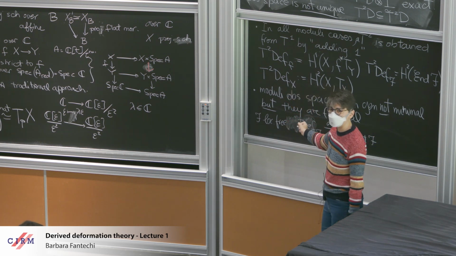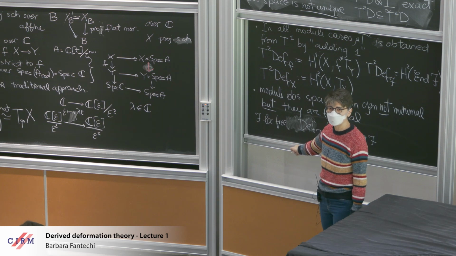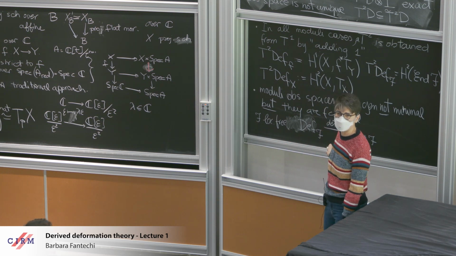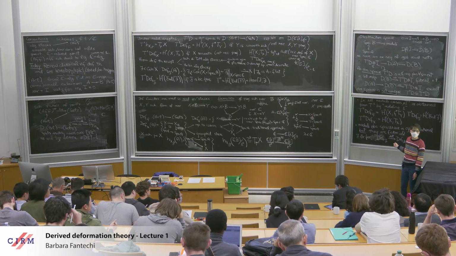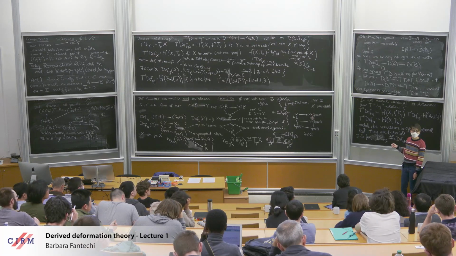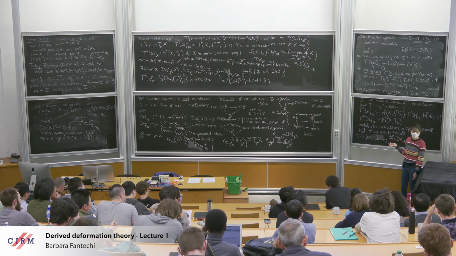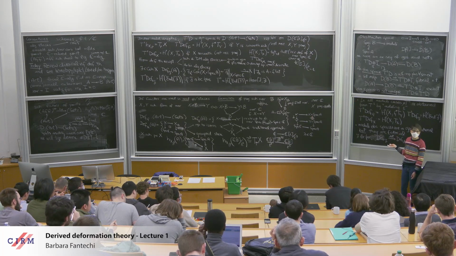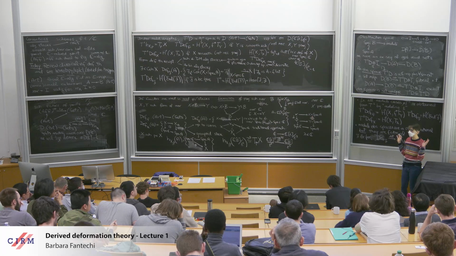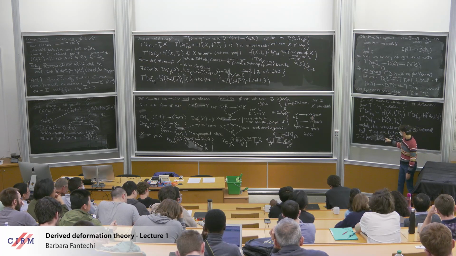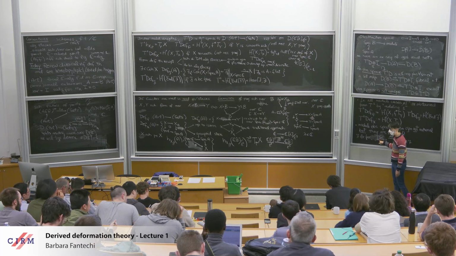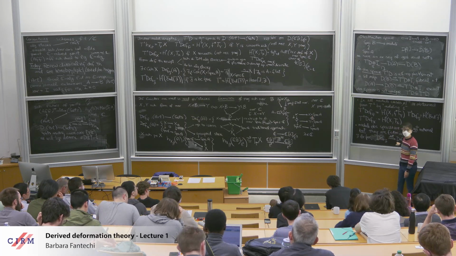If you want, you have a map from the moduli of vector bundles to the moduli of line bundles, given by the determinant. If X is projective, if X is smooth, you can extend this to any coherent sheaf by taking the determinant by constructing a resolution. And you get that this maps the obstructions to the obstructions.